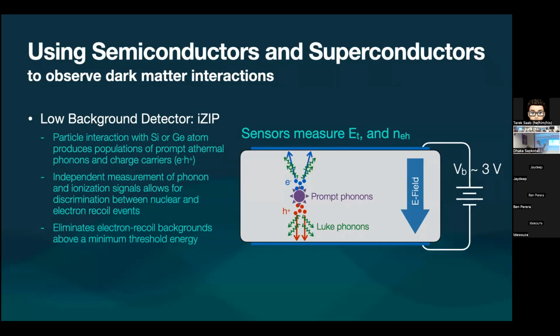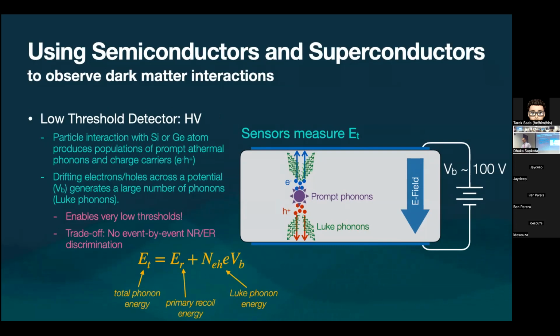It allows you to look for the lowest mass scales possible. It's a little technique that extends the mass range of the detectors. So anyways, this is the idea. You measure the total energy in the phonon system, which is going to be dependent on how much energy the dark matter particle gave.